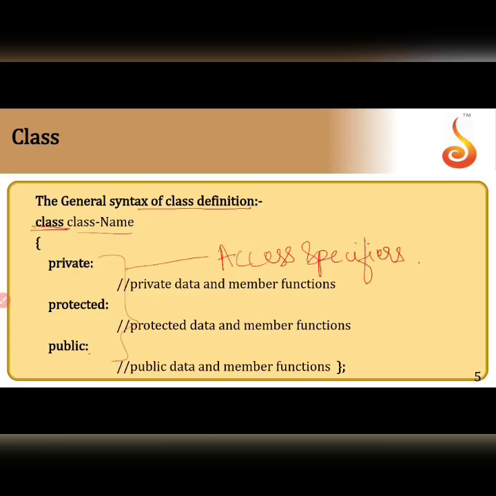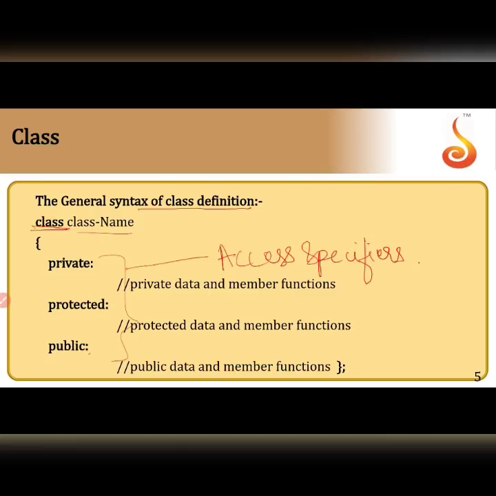Class is a keyword, space, the class name. The class name can be anything. It is upon you, whatever name you want to give. It is always advisable to give a relevant name so that you can understand what the class is about. Then it starts with braces, ends with that, and then you need to terminate it with a semicolon.